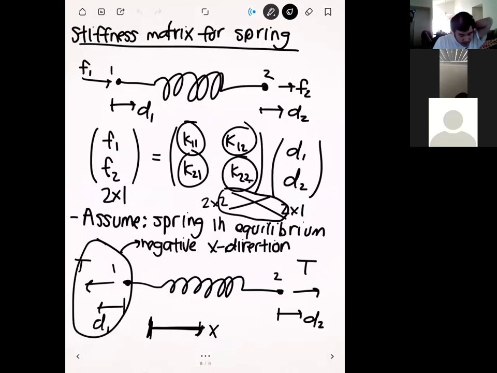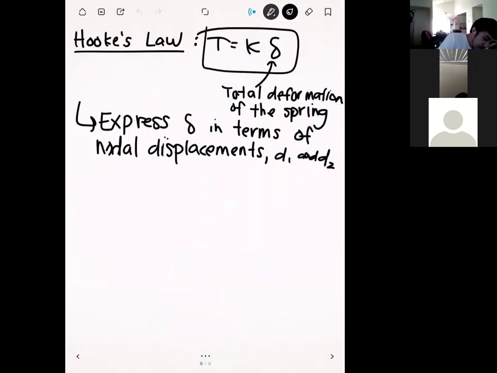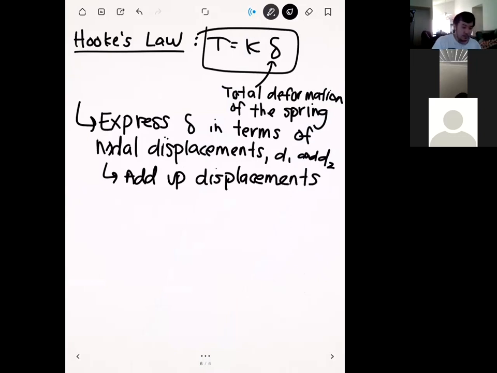If we go back to this figure, we can see that the spring is displacing to the right by D2, and it's displacing to the left by D1. The expression we can get for the total deformation is to add up these two displacements. And so we can say that delta is equal to D2 minus D1.